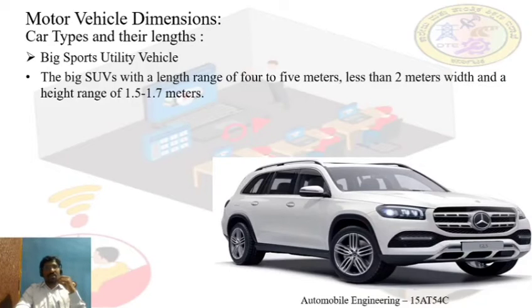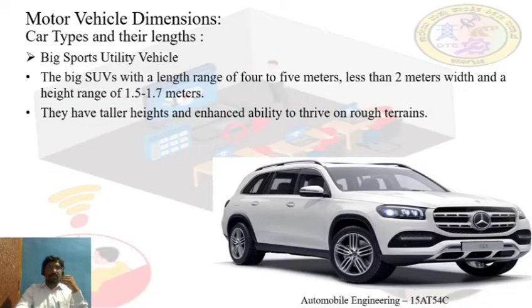The number of persons it can accommodate is more, with 4 to 5 meters of overall length. It can carry more than 4 to 5 people, because it will contain more than 2 rows of seats.